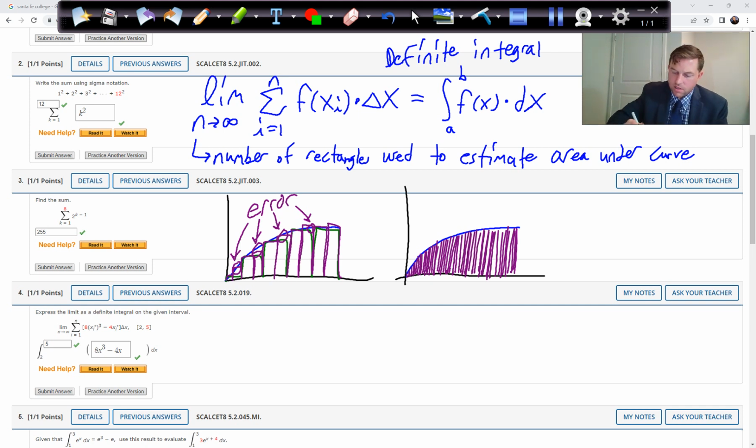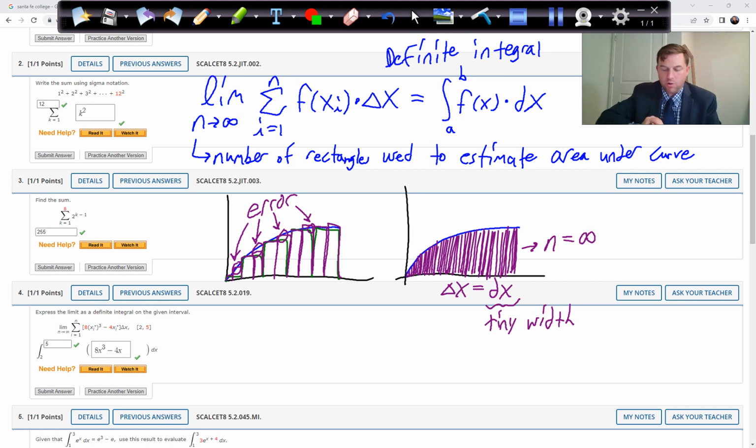So this is like the number of rectangles equals infinity, and their width, delta x, will become, we'll call it dx, which means a really tiny width. It's literally infinitesimally small width, like just the width of this pencil right here, of this ink.